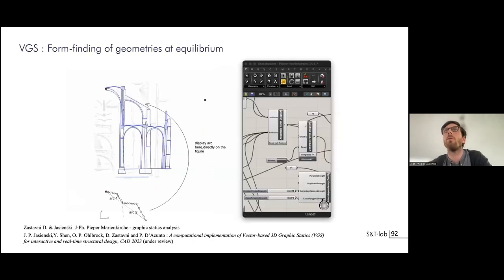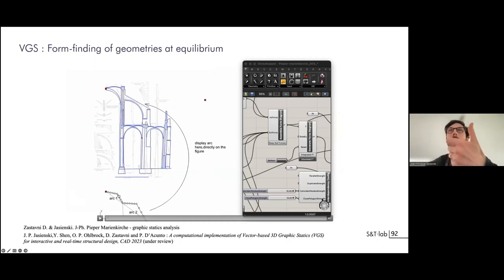This is something we've been working on with Professor Denis Stavny. This is Piper Marienkirche, and you have one arch and another that connect to each other. And so basically what we've drawn is a stupid geometry here, because we know that VGS will modify it until it finds a suitable solution.